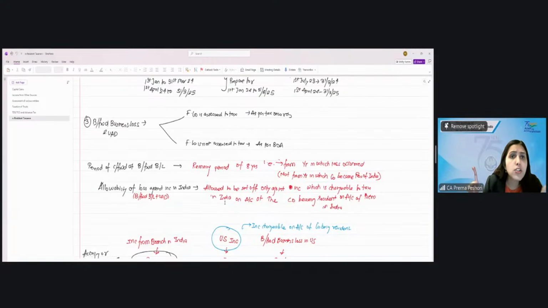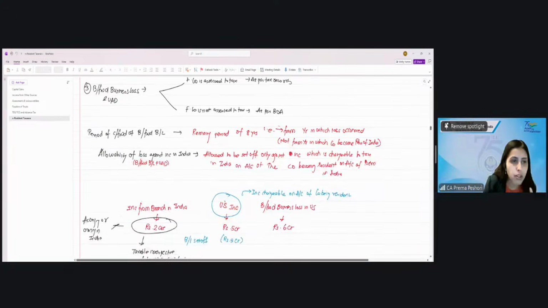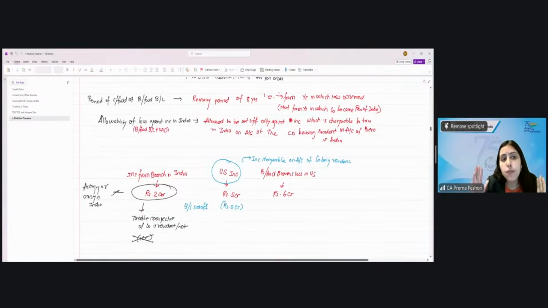So it will not be set off against the Indian sourced income. Which means what? Let's say, for example, the income from the branch in India is 2 crores. Now this income would have been taxable in India irrespective of whether the company is a resident of India or not, because this income is accruing or arising in India.